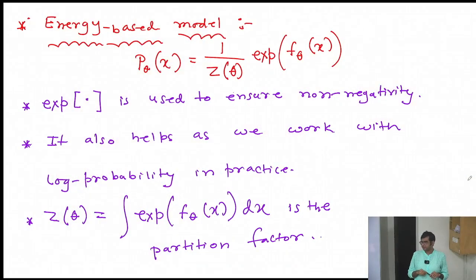As I was saying, one of the main challenges of this is that z of theta sitting there. Remember that you definitely have to evaluate z of theta during training. There is no other option.